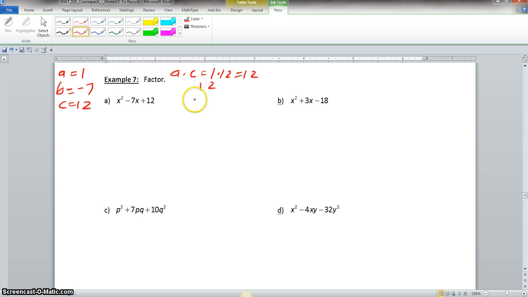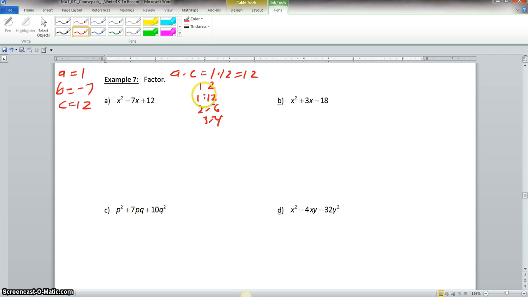So we do the factors of 12, which is 1 and 12, 2 and 6, and 3 and 4. Now since our A and C multiplied is positive, but our B is negative, that lets us know that the larger number is going to be negative. I have to provide myself a little bit more space in the next few problems.